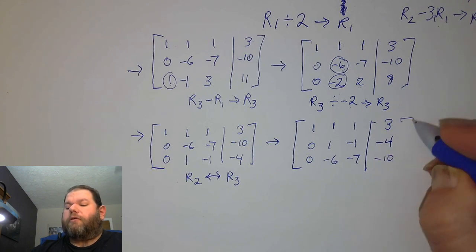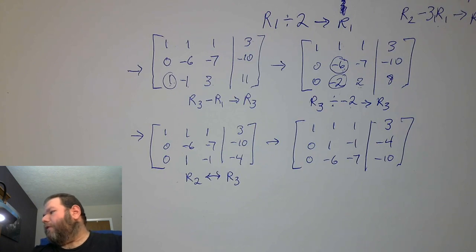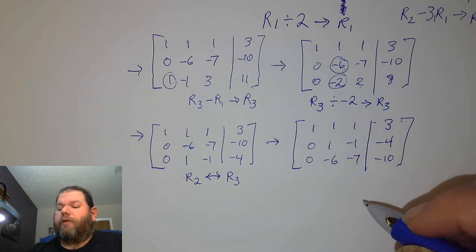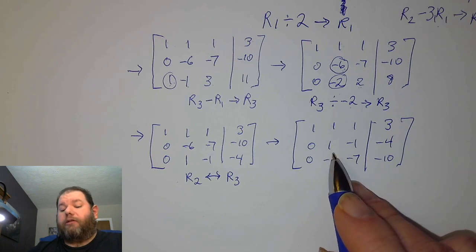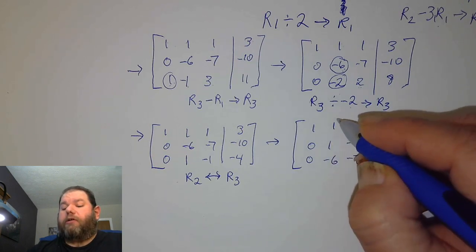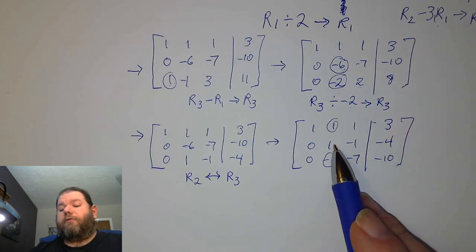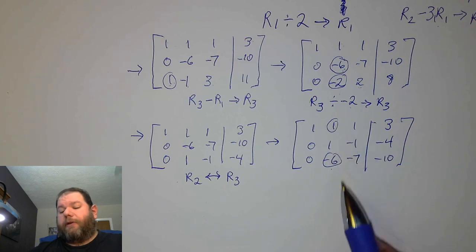Okay. Now, we have a 1 in the middle, like we wanted. Now we want zeros in both of these locations. We want a 0 above it, and we want a 0 below it. And we'll use that 1 to make that happen.